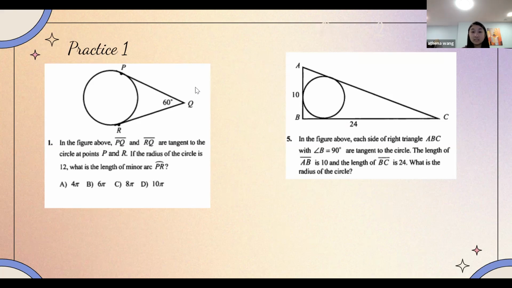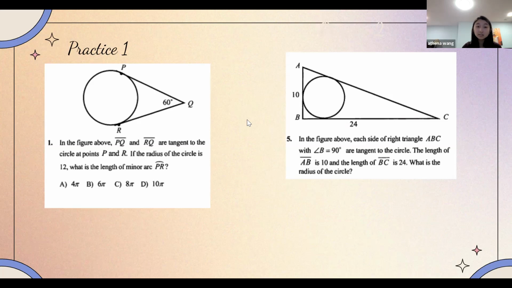If you have already finished, you can move on to the second problem. Okay, I will start going over the first problem now.